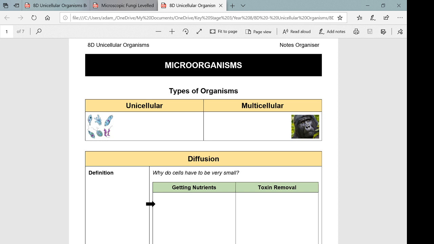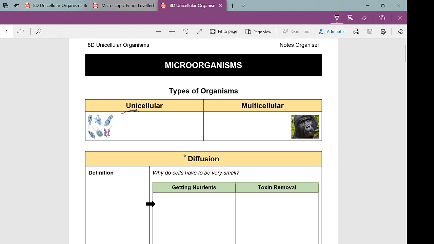If you think about the prefix, which is basically the start of this word, uni means one, like for example, unicycle, and multi means many. So if something is unicellular, you can break down that word and deduce that unicellular means organisms that are only made up of one cell.